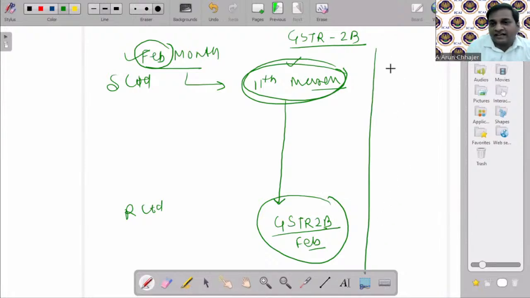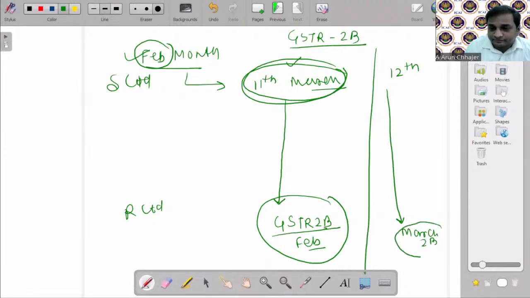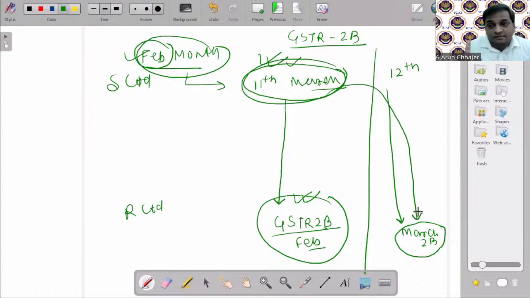If they are filing on 12th of March, it will go to the March GSTR2B. If the GSTR1 is filed for the month of Feb by the due date, it will appear in the same month 2B. Otherwise, it will go to the next month 2B.